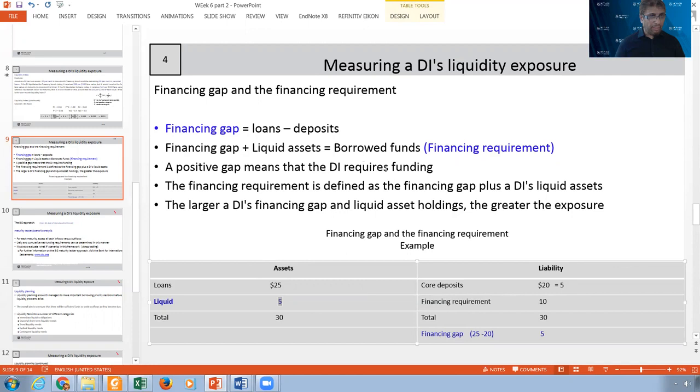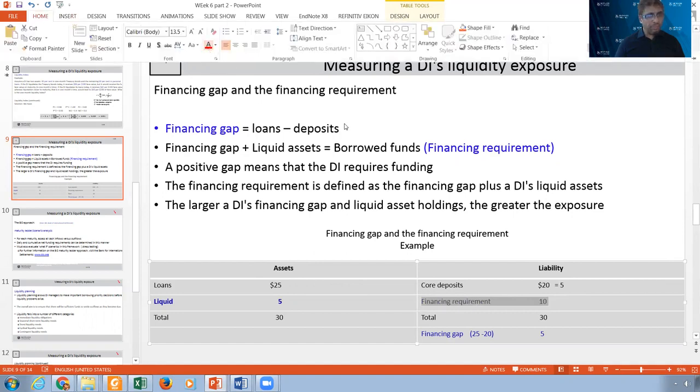The liquid asset is 5, and the difference, which is the financing gap, is 5. So this is what I need to borrow. So the financing requirements, as you can see, is actually 10.